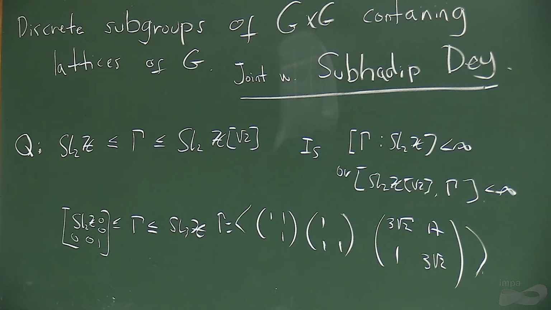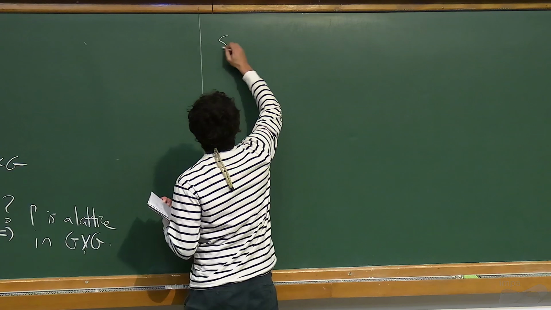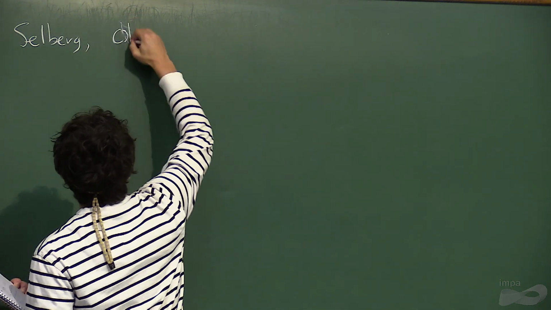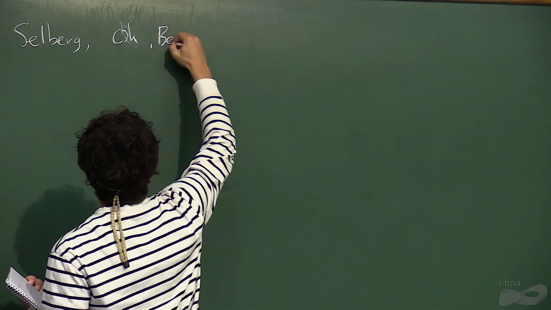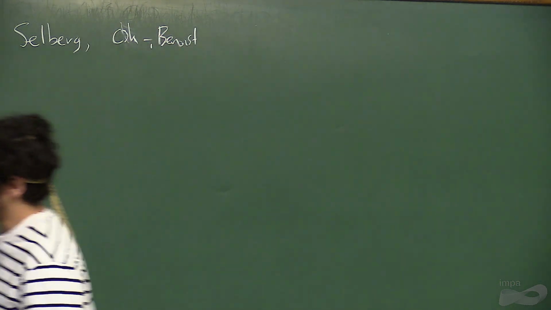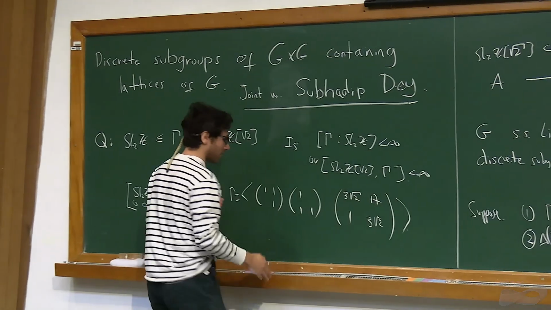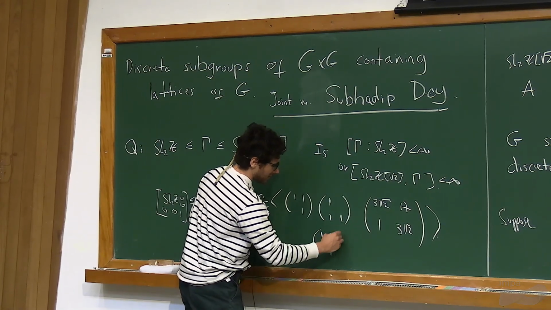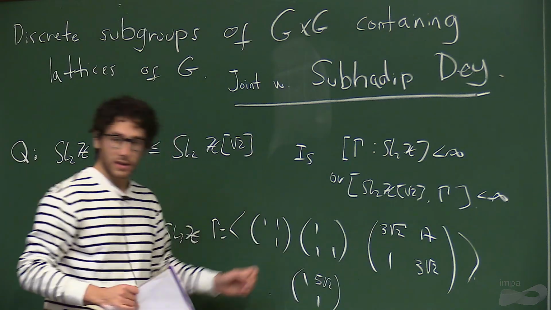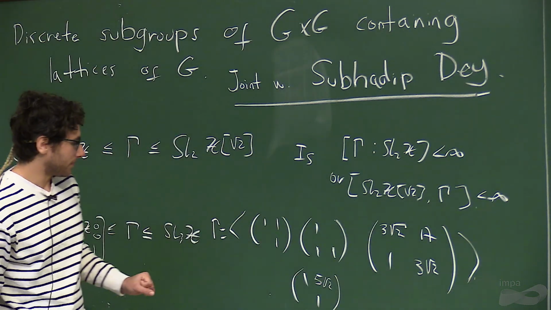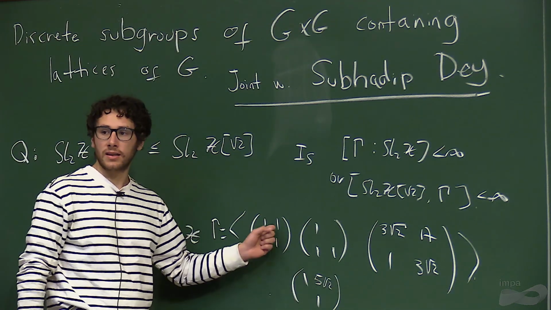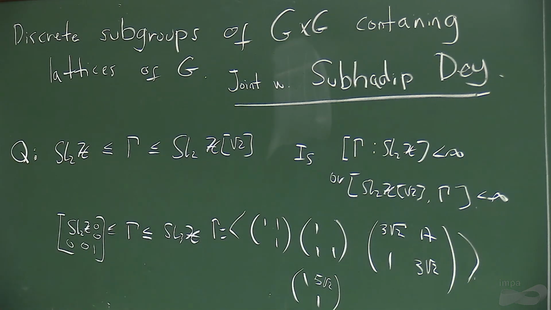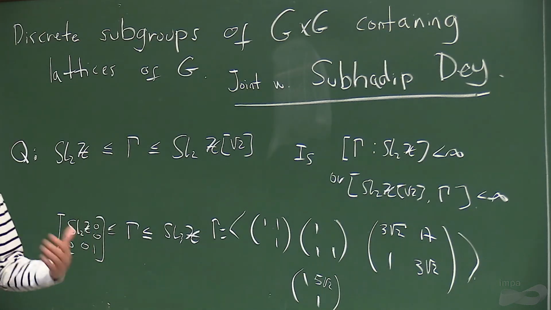There is a result of Selberg, and I'll also put Hiob because that was part of her thesis, and Yves Benoist, which says that if you manage to show that with these matrices you can generate something like this matrix, so your subgroup contains a Z2 unipotent, then this group is a finite index subgroup. So that's some positive evidence.